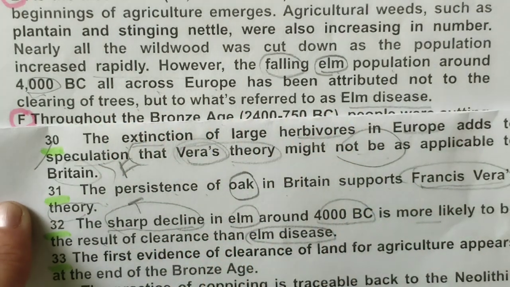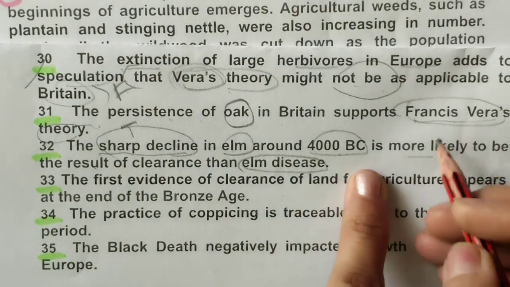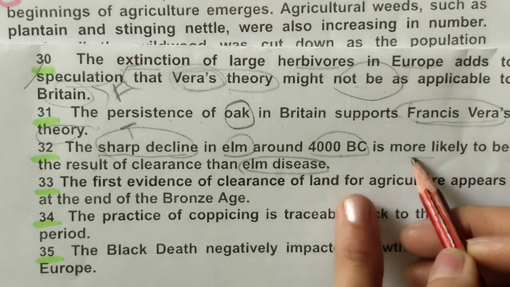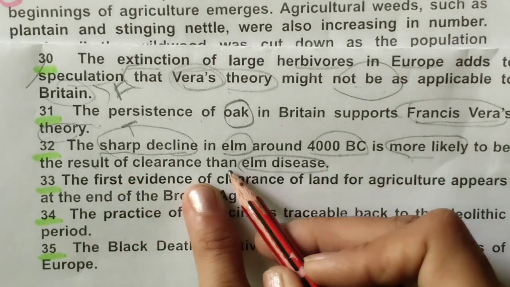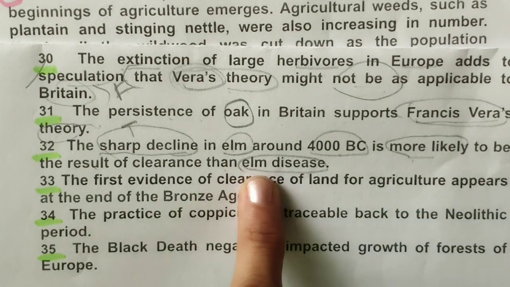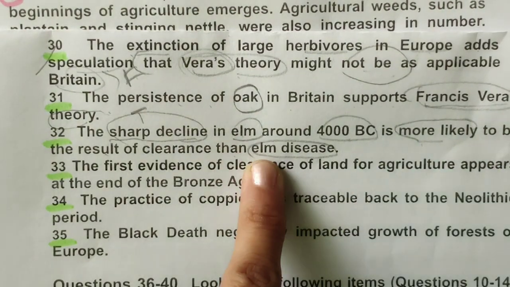So see this, here it is given more likely. So for that, what we are going to check is whether it is more likely the result of clearance than else. So here it is right, they have written contradiction.